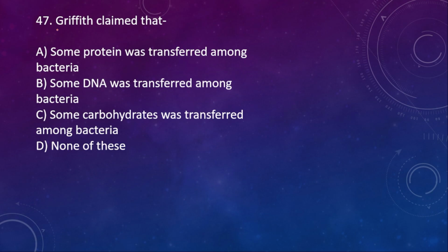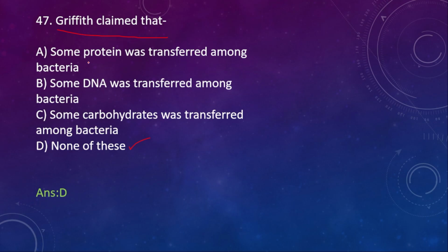47. Griffith claimed that some proteins were transferred among the bacteria. Some DNA was transferred among the bacteria. Some carbohydrate was transferred among the bacteria. None of this. Here the right option is none of this. Why? Because he only spoke of the transforming principle.